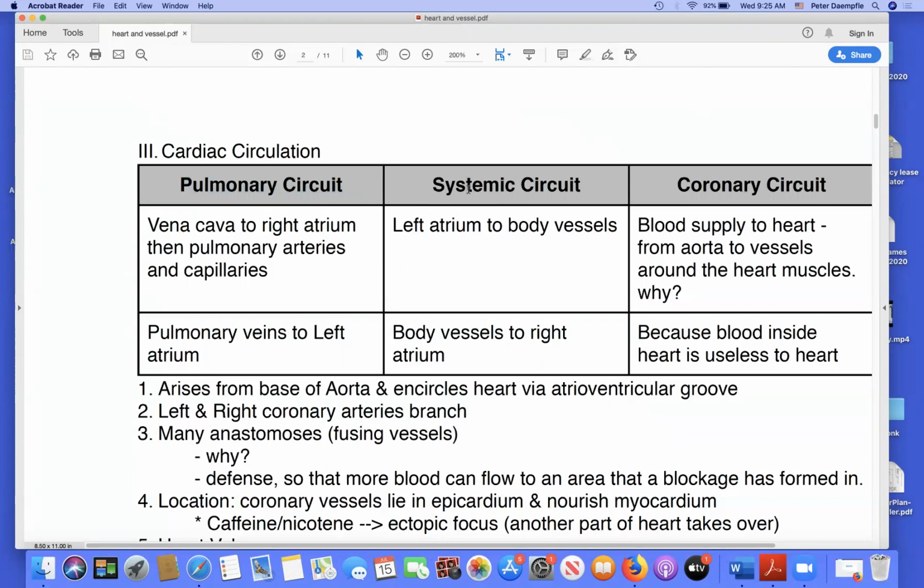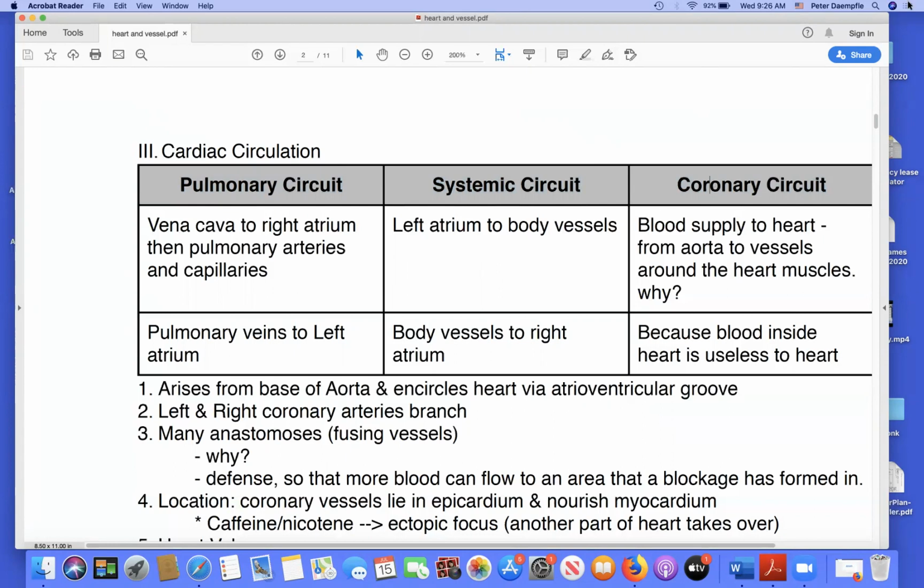So that's your systemic circuit. So let me clarify this again. The pulmonary circuit is pretty much your heart-lung machine. The systemic circuit is your heart to the rest of your body and back. So it supplies all of your vessels of all of your body with oxygenated blood. And then there's the coronary circuit.